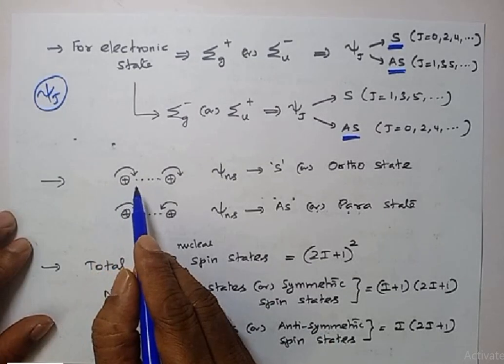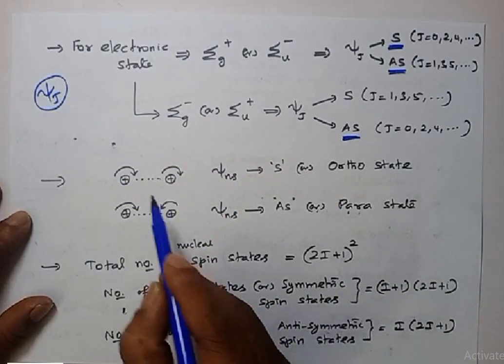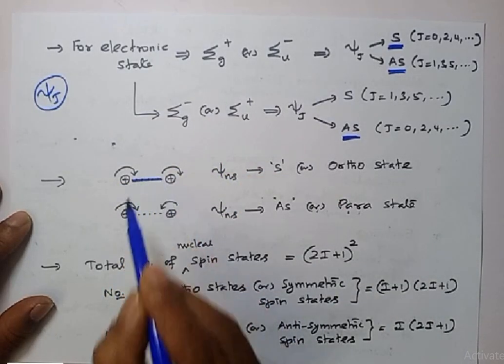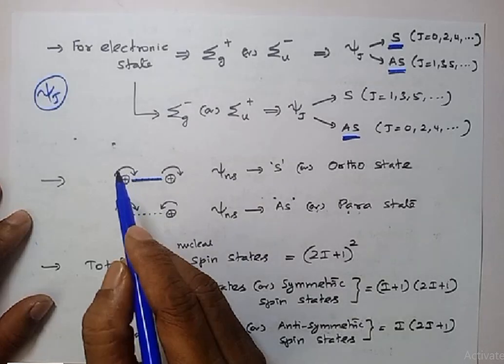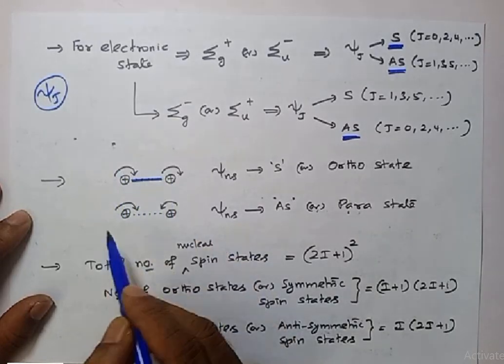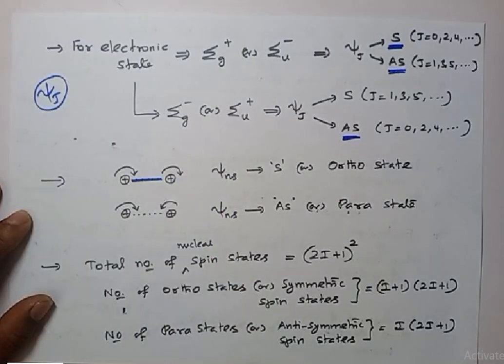Now we'll discuss the nuclear spin state. You know very well, in the case of a homodiatomic molecule, the two nuclei are identical and they also have the property of spin.